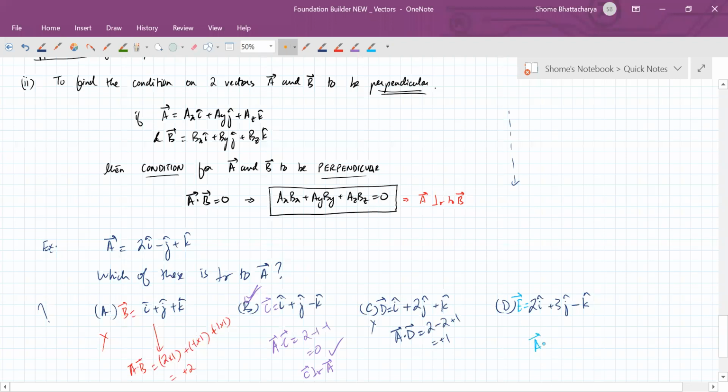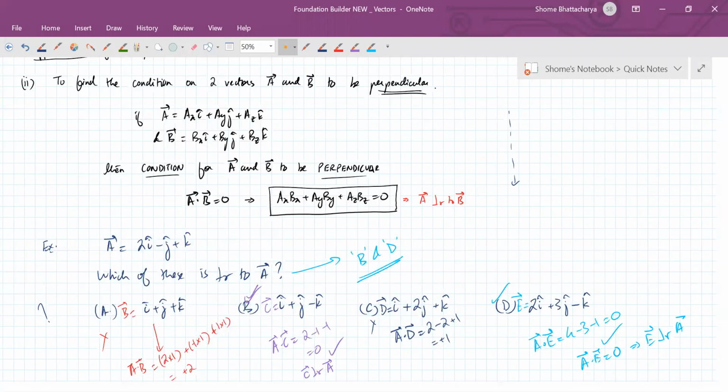So a dot e is becoming 2 into 2, that's 4, minus 1 into 3, so that's minus 3, plus 1 into minus 1, so this is again 0. You can see that yes, this is also perpendicular. So a dot e is 0, implies that e is perpendicular to a. So the correct answers for this one becomes both options, c and e. Both the options are correct.